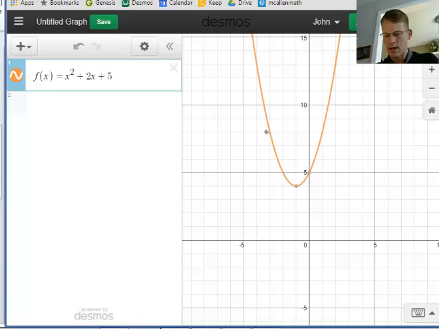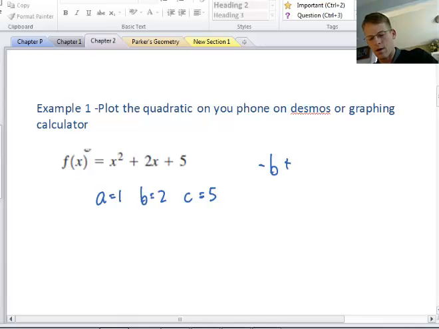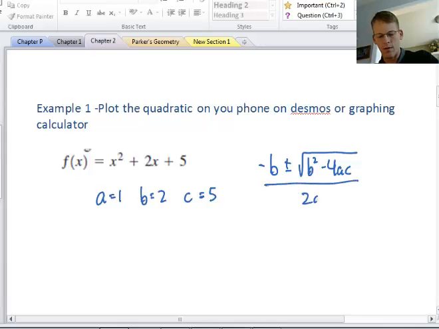So let's go back and use the quadratic formula just to verify what I said. Remember the a term is equal to 1, the b term is equal to 2, and the c term is equal to 5, and you work through the quadratic formula of minus b plus or minus the square root of b squared minus 4ac all over 2a.